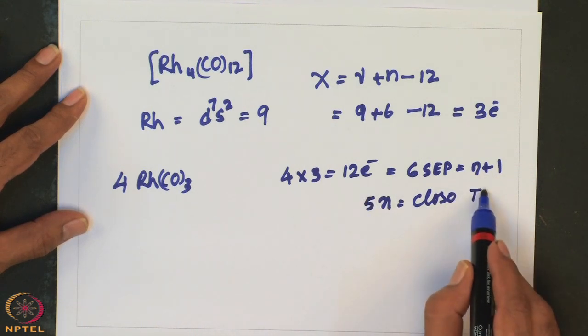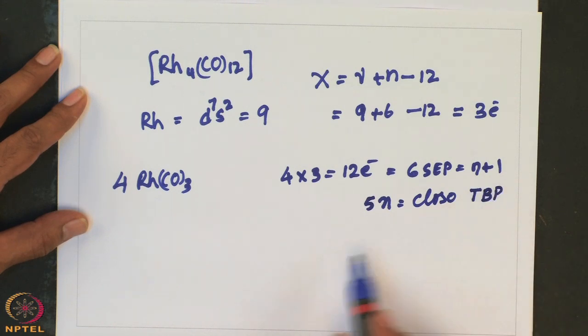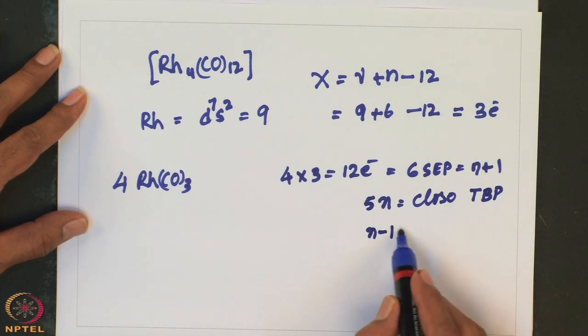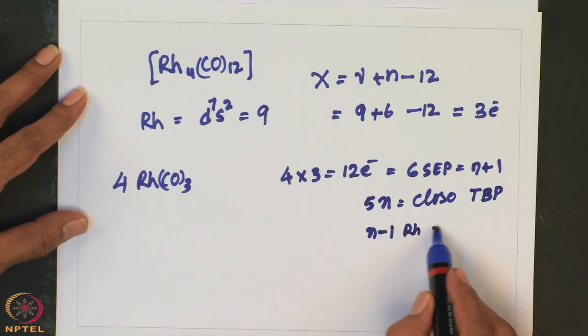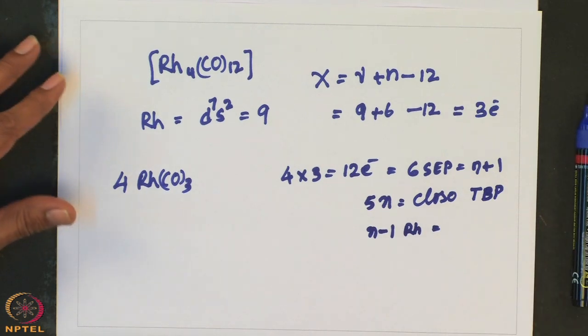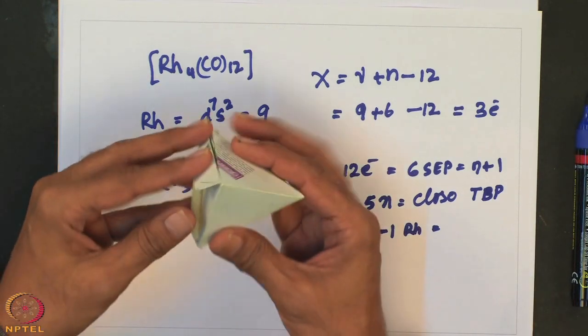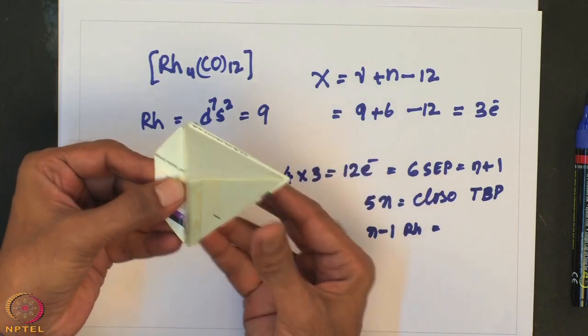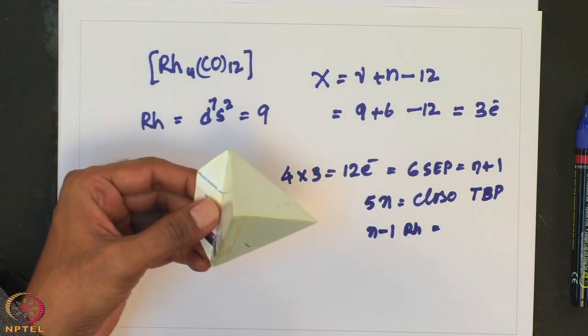This should be TBP, trigonal bipyramidal, and then here we have 4. So, n - 1 vertices are there, n - 1 rhodium atoms are there, it should be removal of 1. So, essentially we start with a closo structure of trigonal bipyramidal and remove one vertex, then we have a tetrahedral structure where each rhodium will be occupying these 4 corners with 3 carbonyl groups on each one.